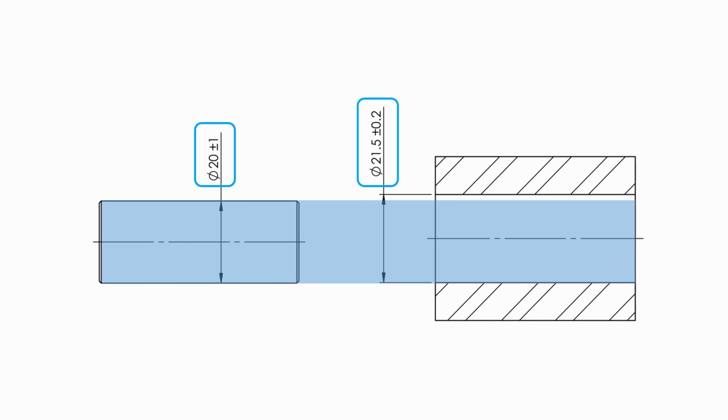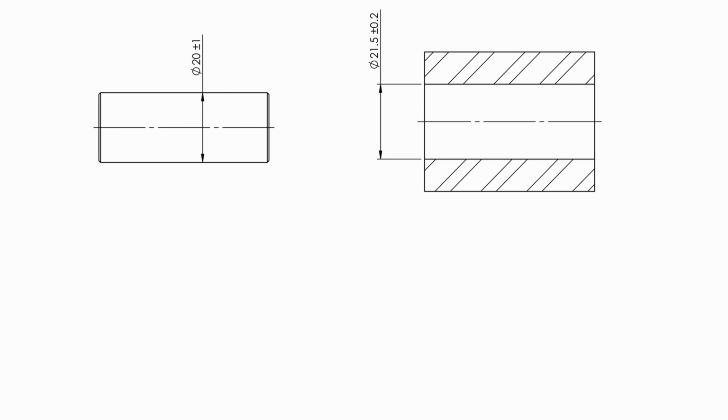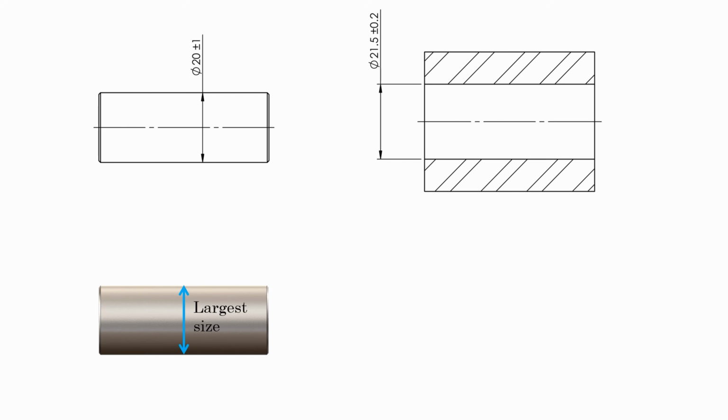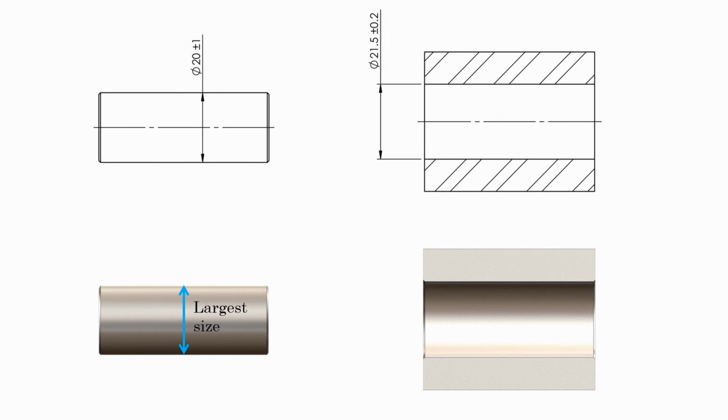So to check the fit and no fit condition, what do we do? We check the fitment clearance at the worst case scenario. And what could be the worst case scenario for any fitment? You already know, when the shaft is at its largest size and at the same time the hole is at its smallest size, right? So the largest size of the shaft would be at its MMC, maximum material condition, 20 plus 1, 21 mm.